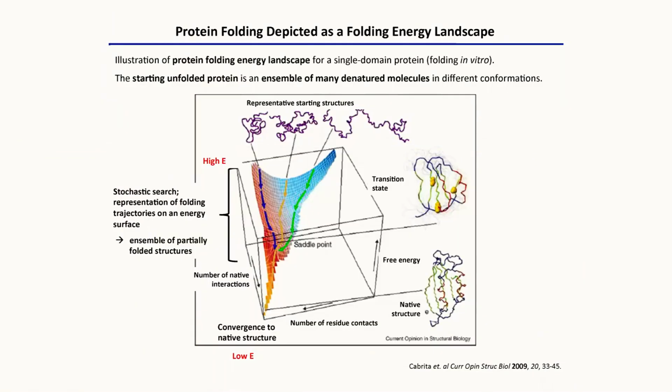Basically, we can depict protein folding, and this is an example, say, in a test tube, where there's some ensemble of starting unfolded or partially folded structures, and these are of higher energy, and there'll be some sort of stochastic search, and basically these forms will give us an ensemble of partially folded structures and ultimately converge to a native structure that's of lower energy, okay? So we have an ensemble of many denatured proteins that needs to make its way to the native form.